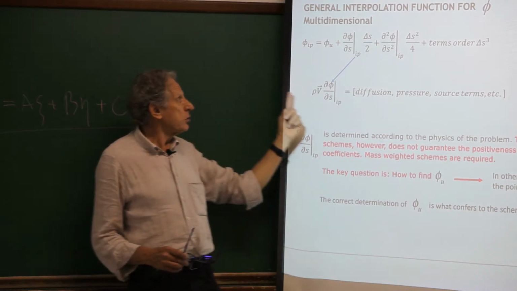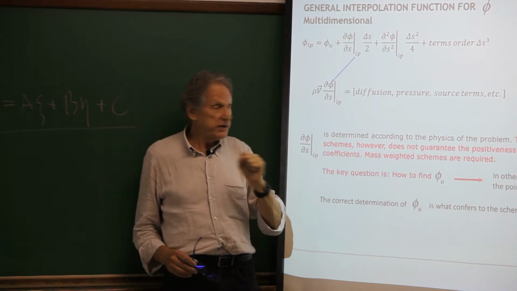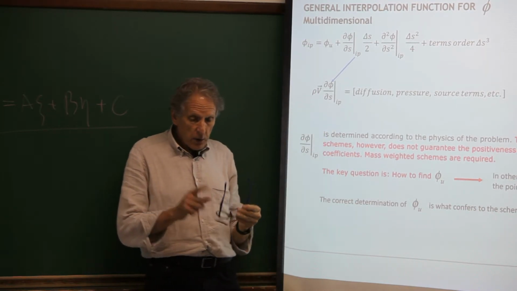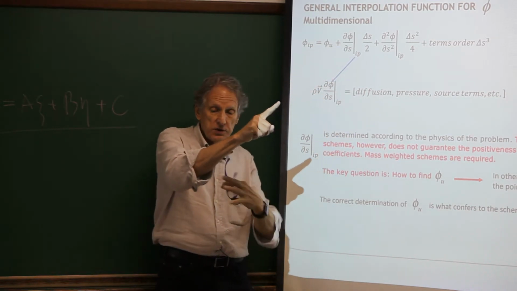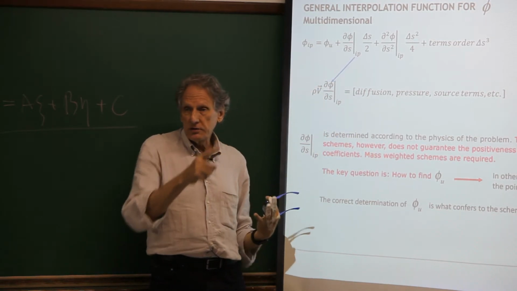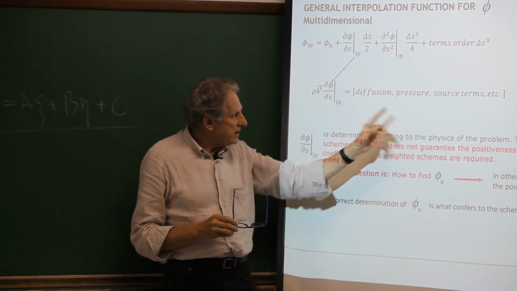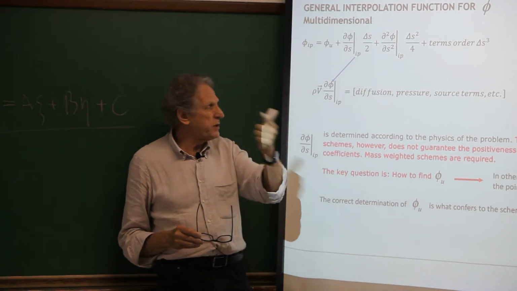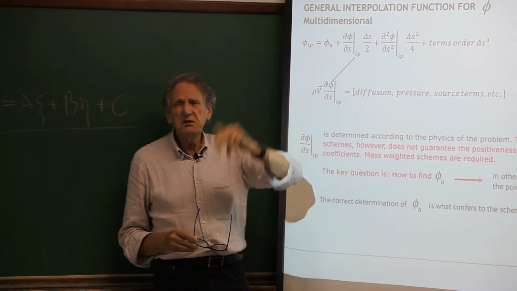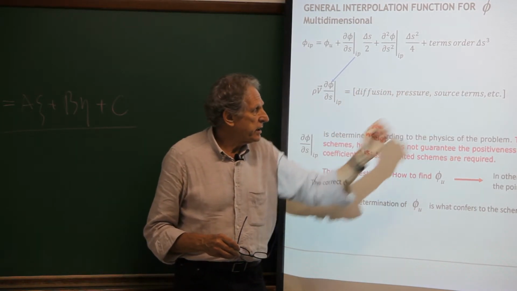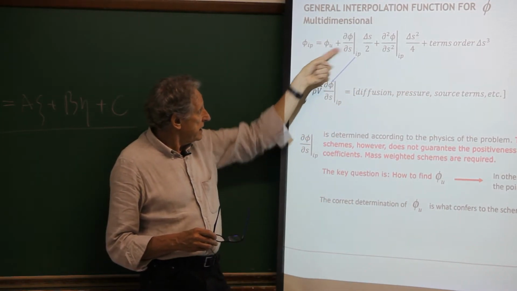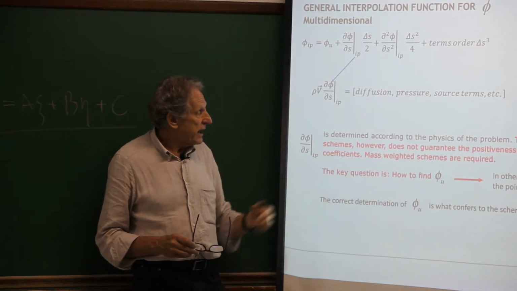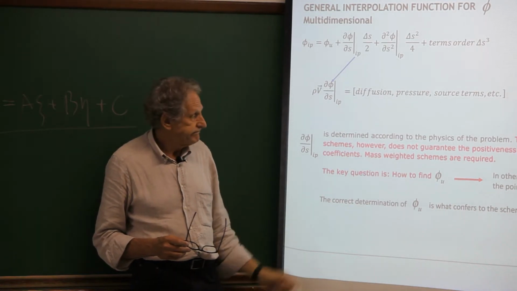So this is approximately writing my conservation equation along s with a velocity v along s, which has the three components u, v, and w. And the right-hand side is diffusion, pressure, source terms, even transient terms are all there. So then I can put that there. So the dphi/ds is determined according to the physics of the problem.